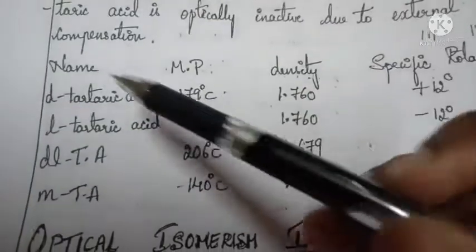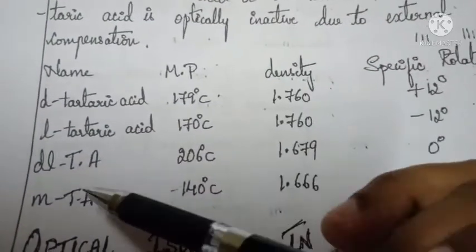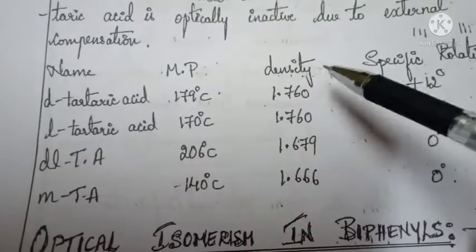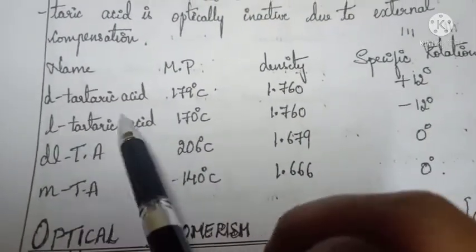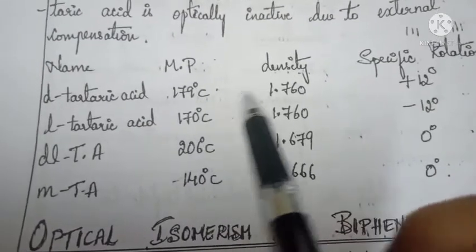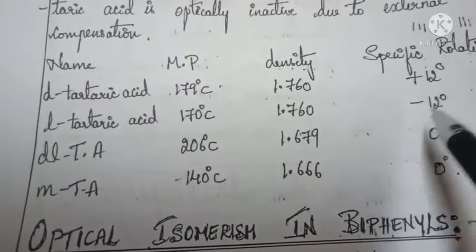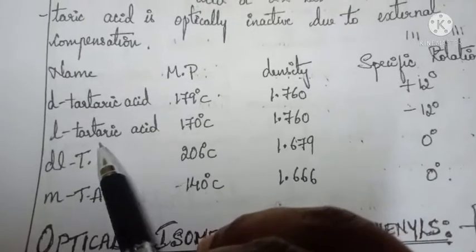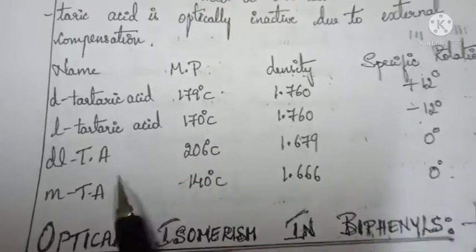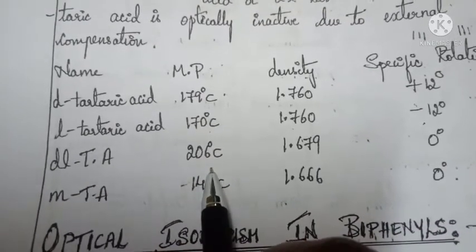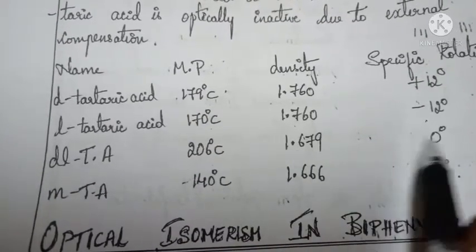And also some of the melting point, density and specific rotation values for tartaric acid. D-tartaric acid has 179 degrees Celsius, 1.76, plus 12 degrees. L means 170 degrees, 1.76, minus 12 degrees. DL-tartaric acid is 206 degrees Celsius, 1.679.